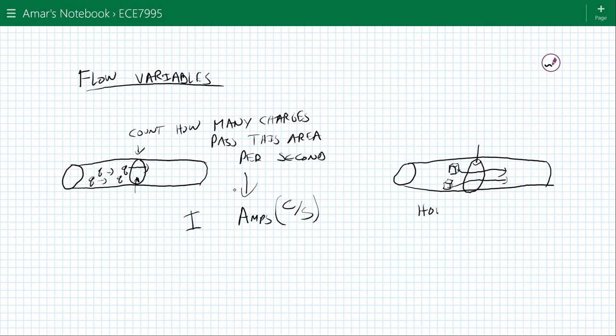Here we're asking how much volume of fluid passes the cross-sectional area per second.